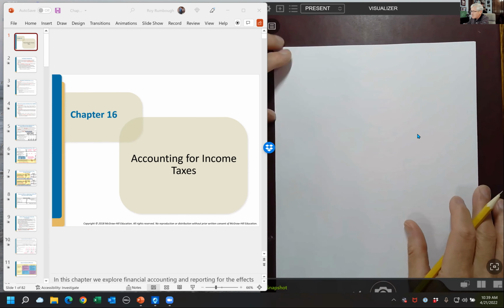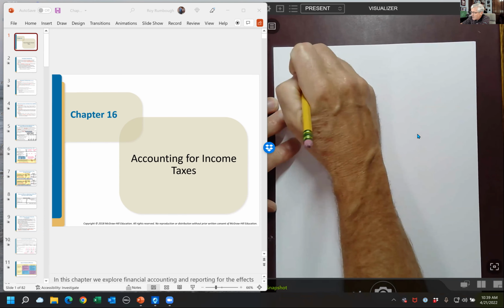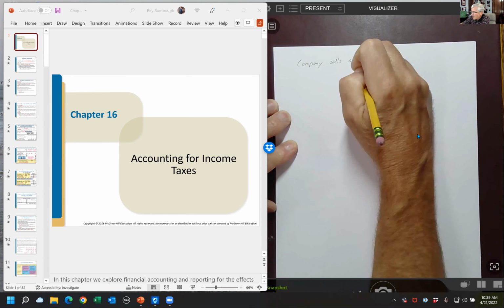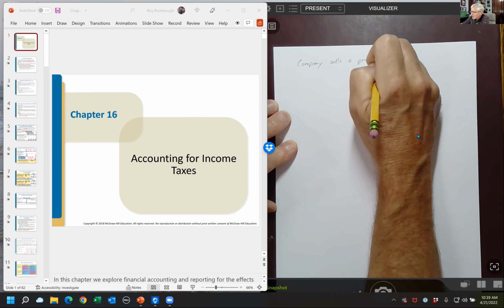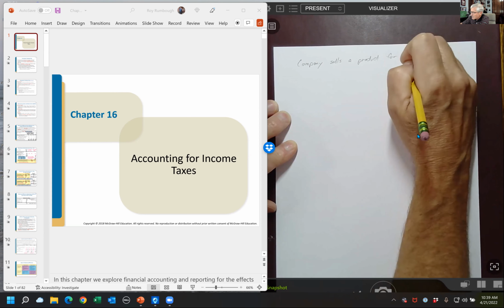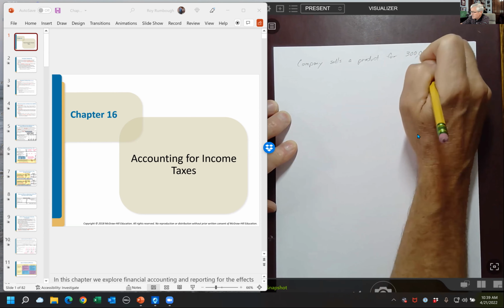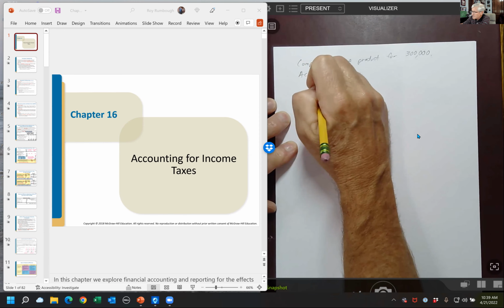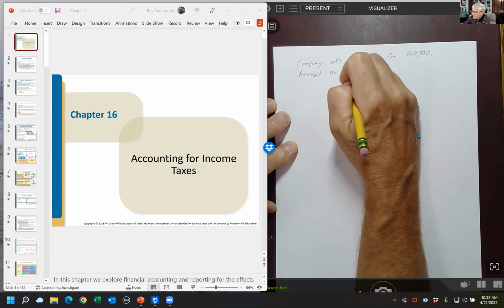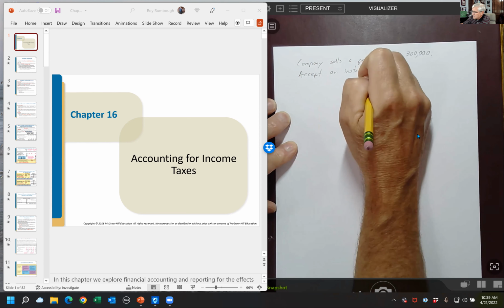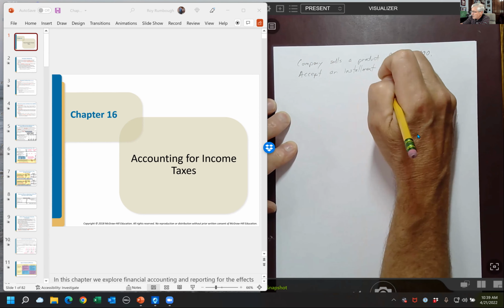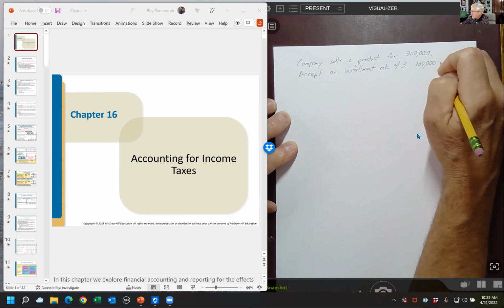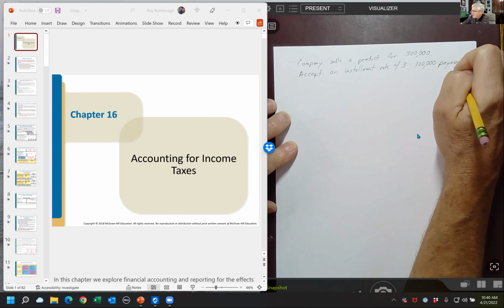So in an installment sale, let's say a company sells a product for $300,000, and they accept an installment note with three $100,000 payments.